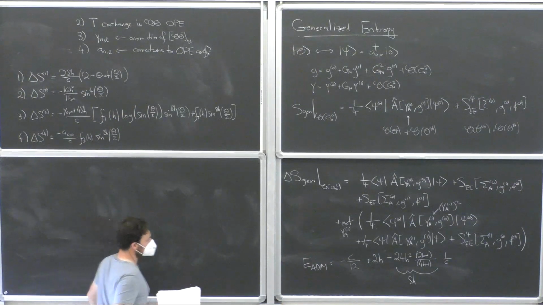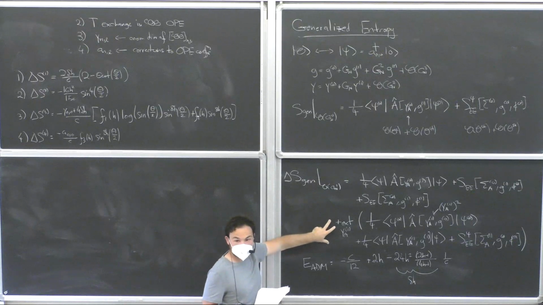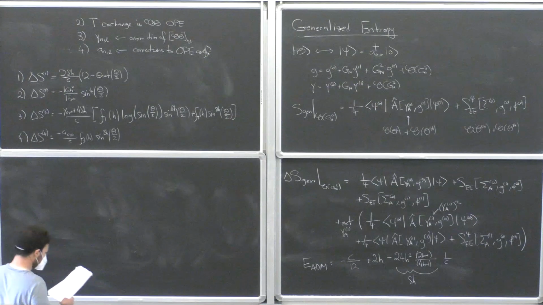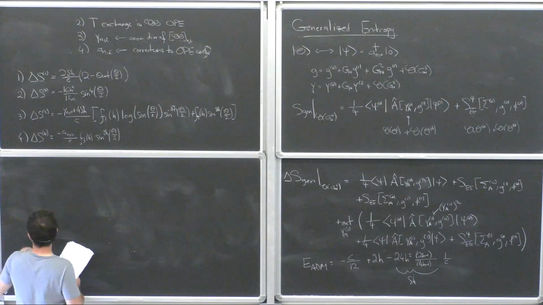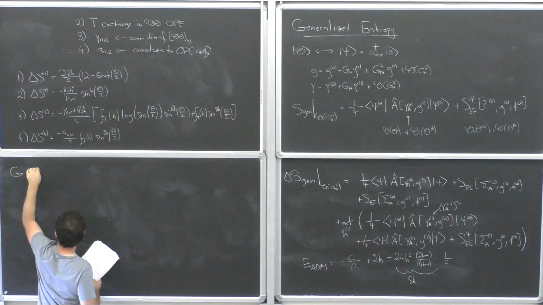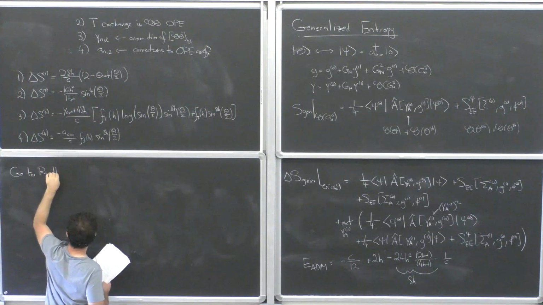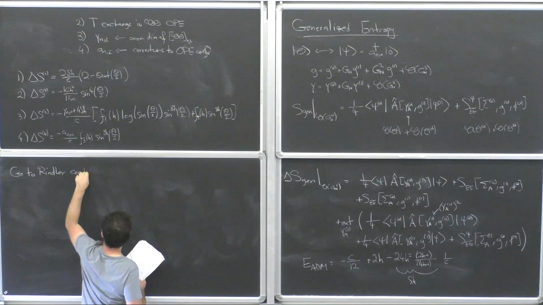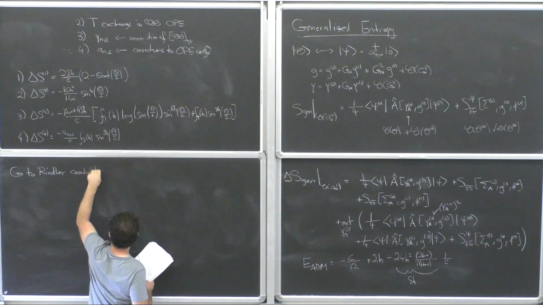So now this piece here, this quantum extremal surface piece of the generalized entropy, we're going to go to Rindler coordinates for the entanglement.